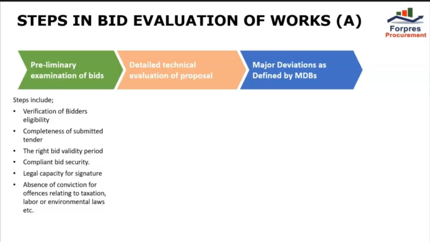Number 2 is the detailed technical evaluation of the technical proposal of each bidder. The bid evaluation committee will examine the adequacy of the technical proposal of each bid that passes the preliminary examination for its compliance with the procuring entity's works requirements.